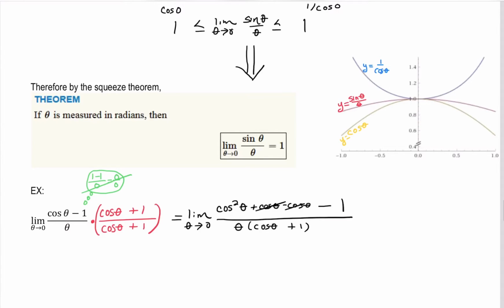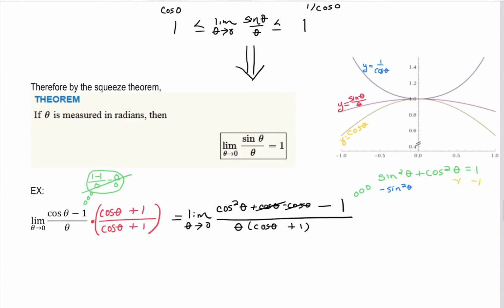Now, what I want you to be thinking about is a trig identity that I think you should be familiar with. It's the most common of the three forms of your Pythagorean identity: sine squared theta plus cosine squared theta is equal to 1. If you subtract 1 on both sides, and also subtract the sine squared theta to the other side, what am I trying to do here?